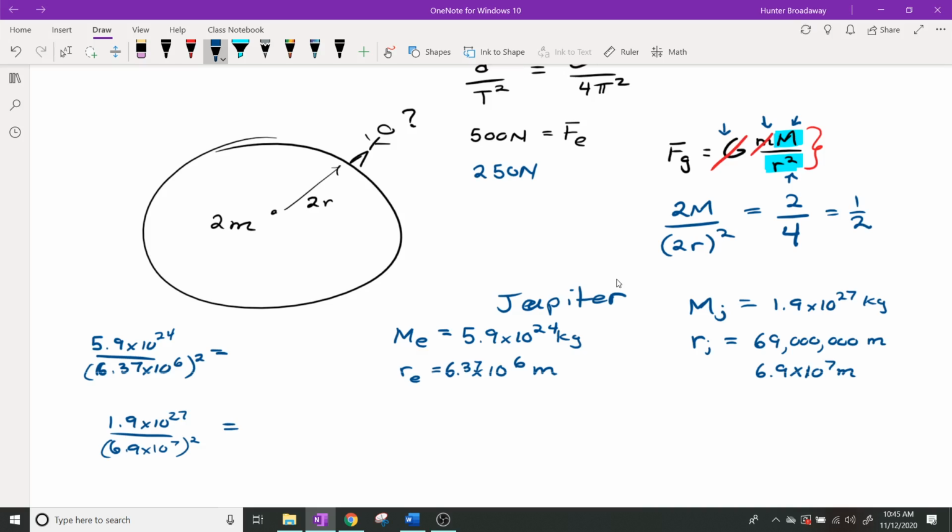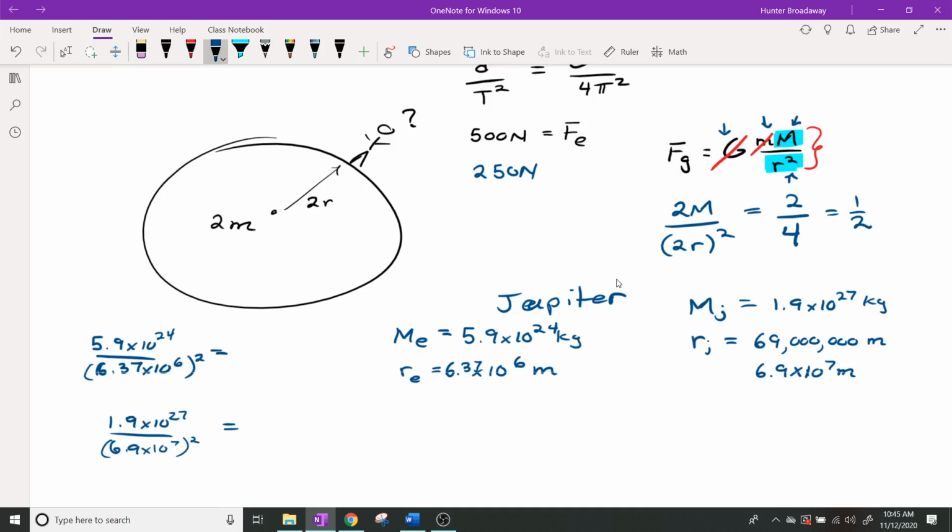Look at the number difference. The radius of Jupiter only goes up by about 10 percent, 6.37 to 6.9, but the mass goes up from 24 to 27, 1,000 times.